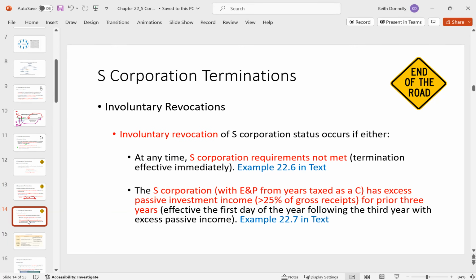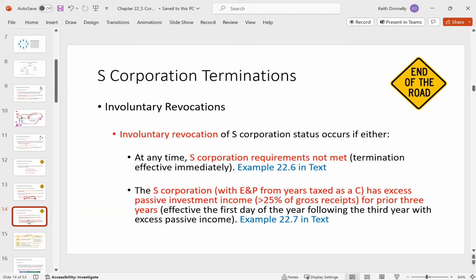All right, next let's talk about involuntary revocation. So what does this mean? Well, this is basically when you have a big no-no. Something happens and you will have your status revoked automatically, immediately, as of the date the event occurs. That's specifically if you do not meet the S Corp requirements.